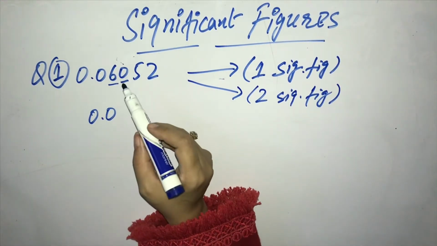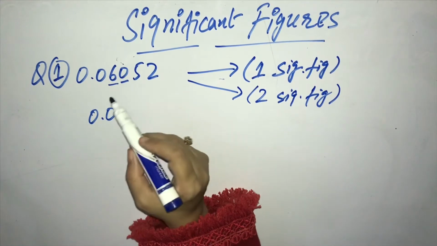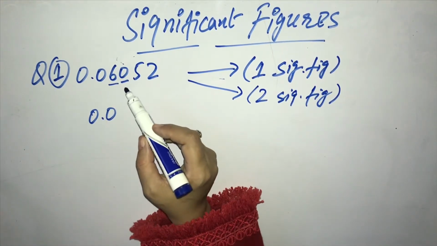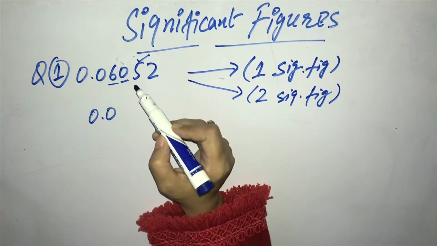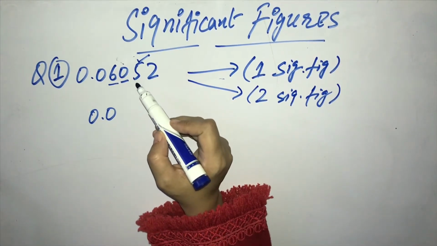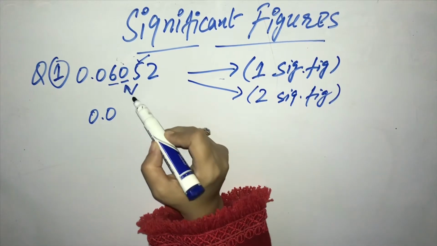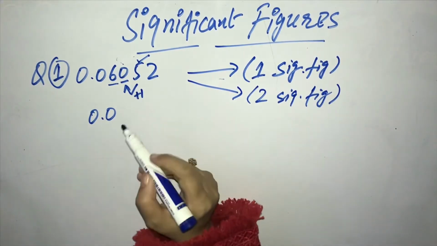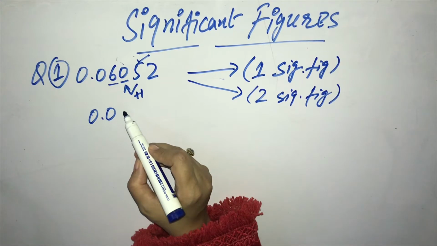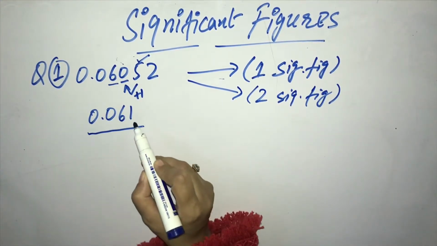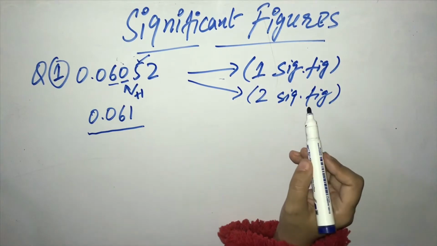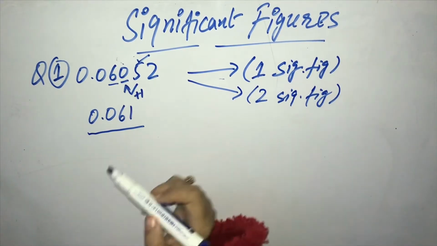This 0 is sandwiched between the non-zero numbers, so it will be treated as a significant figure. I will check the third one. The third number is equal to 5, so it will give 1 to the previous number and we shall drop these two. So my answer will be 0.061. This answer has two significant figures, 6 and 1.